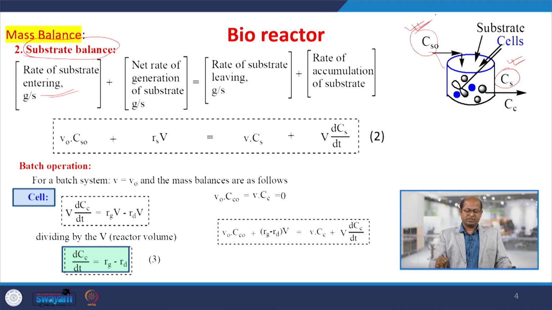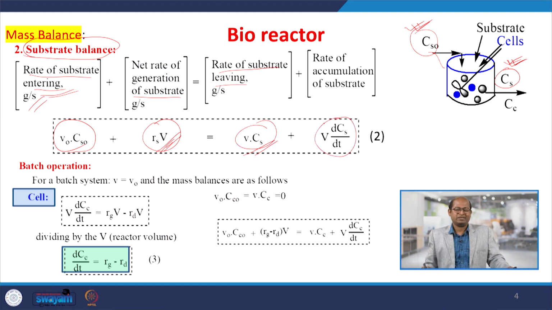The initial substrate concentration would be high, and finally the substrate concentration would be low as the cell reactions progress. Then the rate of substrate entering equals the net rate of generation, the rate of reaction or disappearance multiplied with the volume, minus the rate of substrate leaving the reactor, and the rate of accumulation of the substrate is similarly V into dCs by dt.